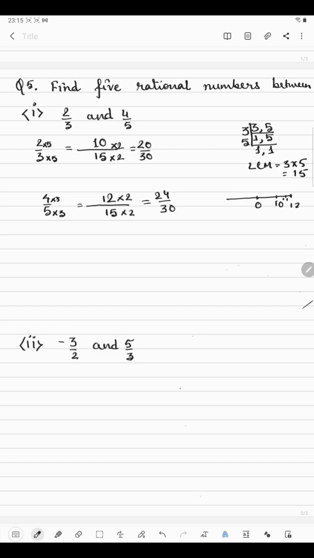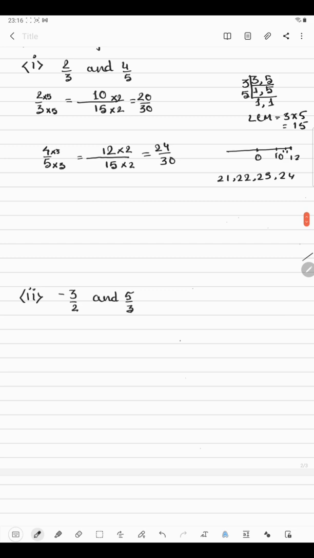Now see, in between 20 and 24 how many numbers are coming? 21, 22, 23. So that means we have got 3 numbers, right? But we need to find 5 rational numbers. So what we will do in this case, in place of 2 we will take 5, 6 or 7. Any bigger number we will take to multiply with this, to get 5 rational numbers.